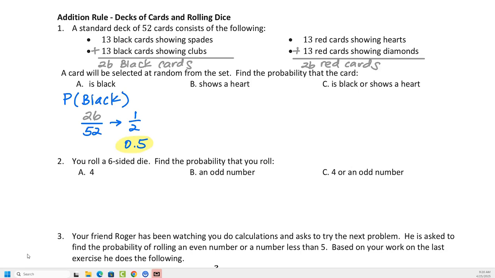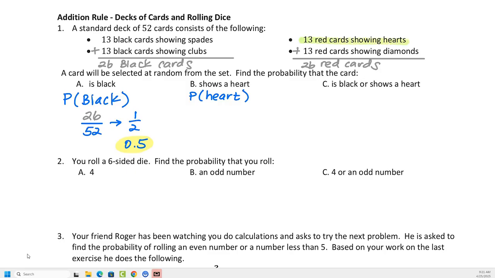So now it says, what's the probability that it shows a heart? So the probability that we get a heart. How many hearts are there? That would be our favorable outcome. Aren't there 13?